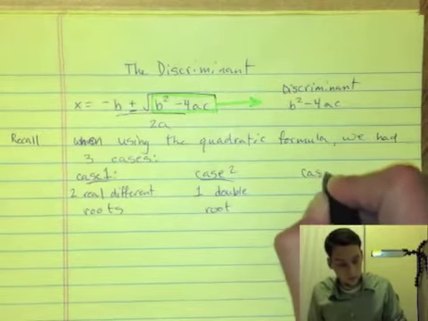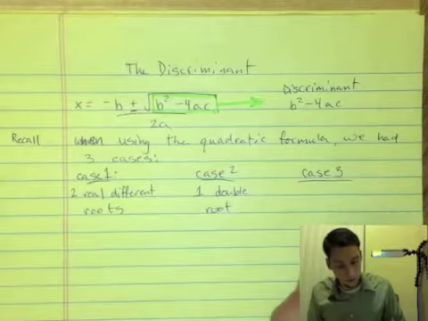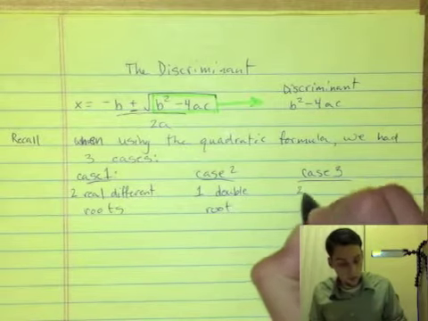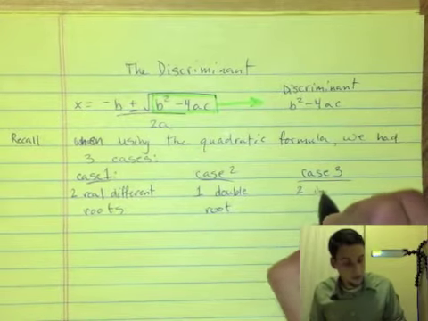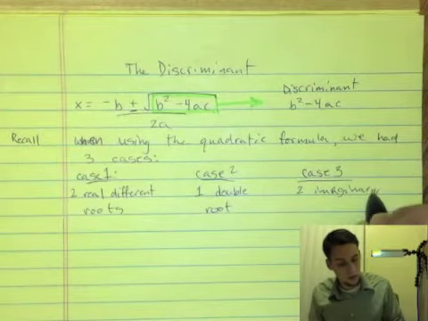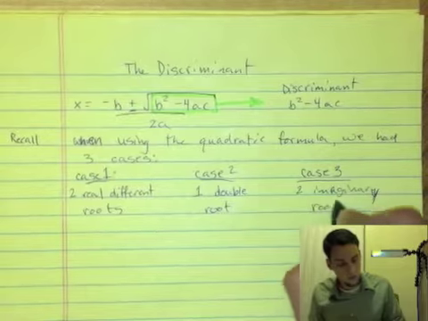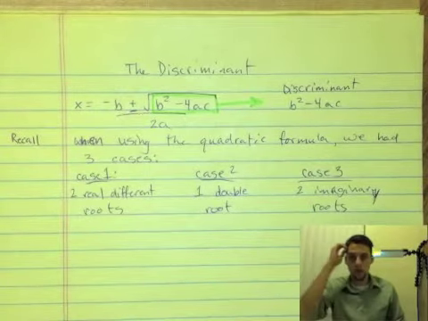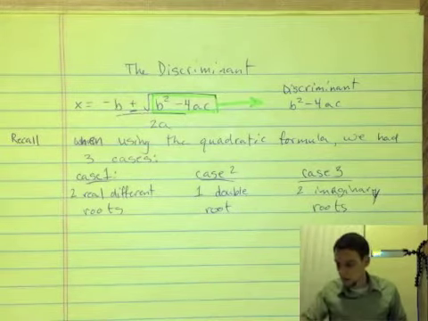Case three is two imaginary roots, and that's just two roots involving i.